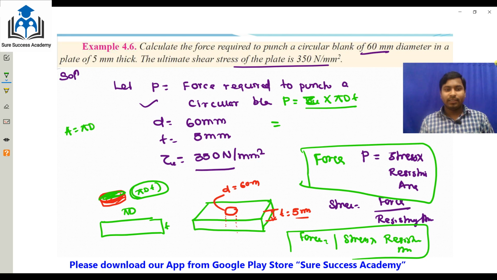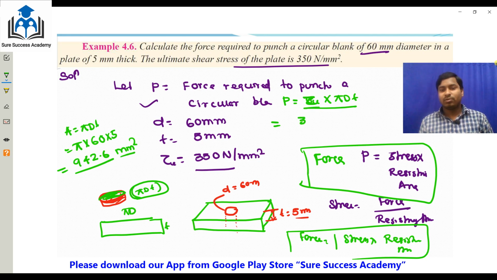Pi d t is equal to pi into 60 into 5. How much is coming? 942.6 mm square. The shear stress of 350 Newton per mm square is given.